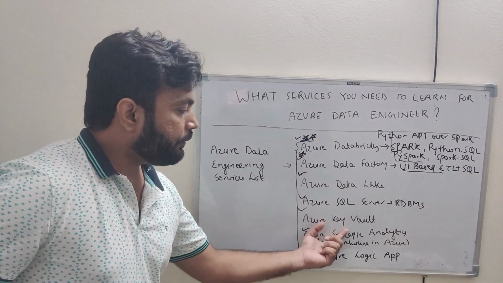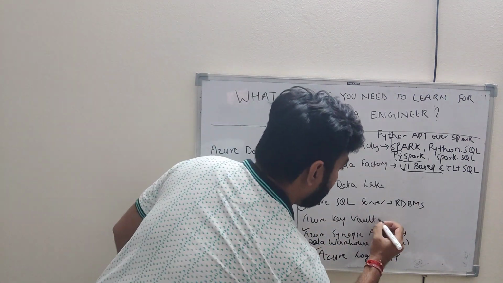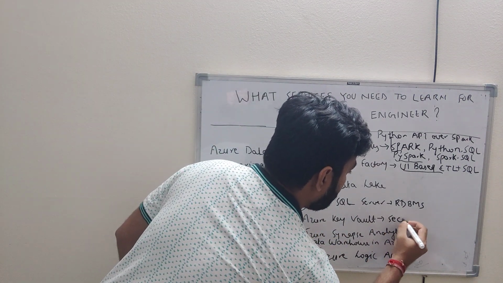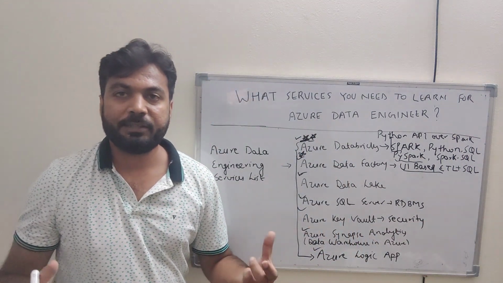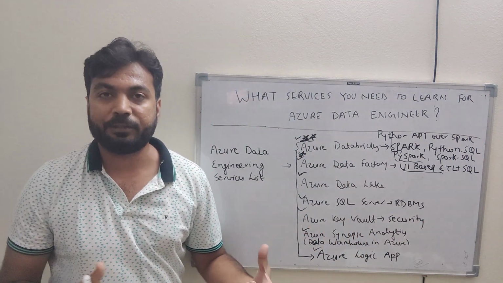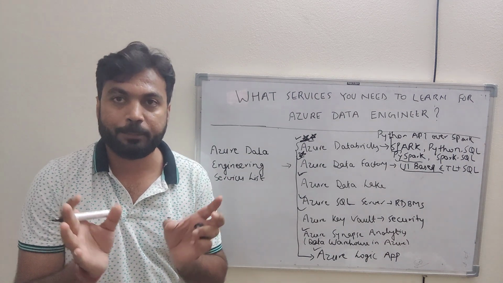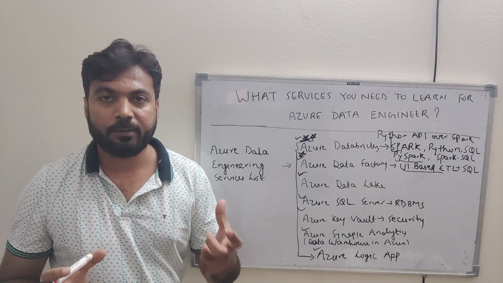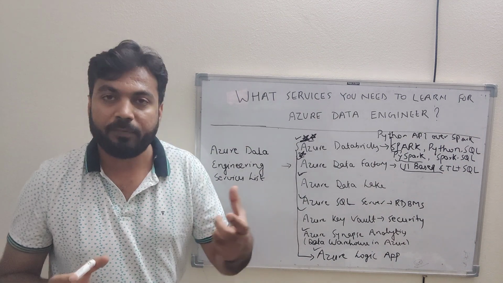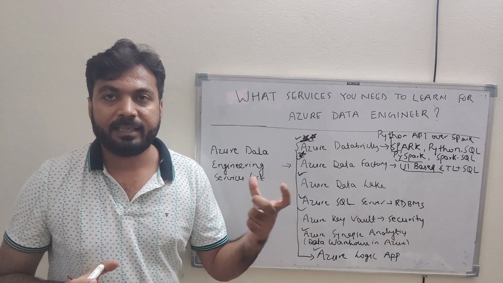Now let's come to Azure Key Vault. This service is for security purposes. What do I mean by security purposes? This Azure Key Vault service is used to store secrets so that the secrets are not exposed in the code.